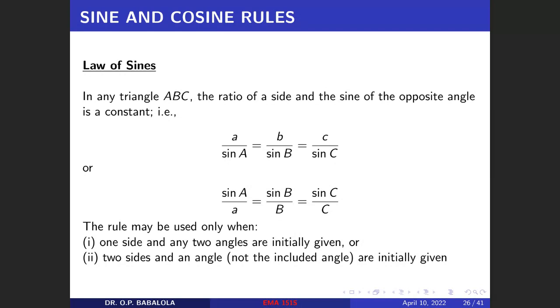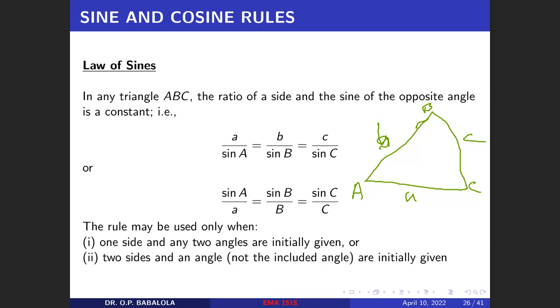So in any triangle ABC, let's have a triangle A, B, C, okay? Now, the ratio of a side and the sine of the opposite angle is a constant. This is what we mean.